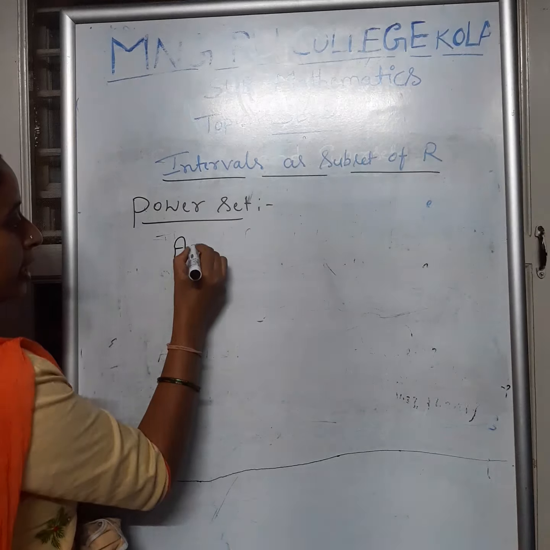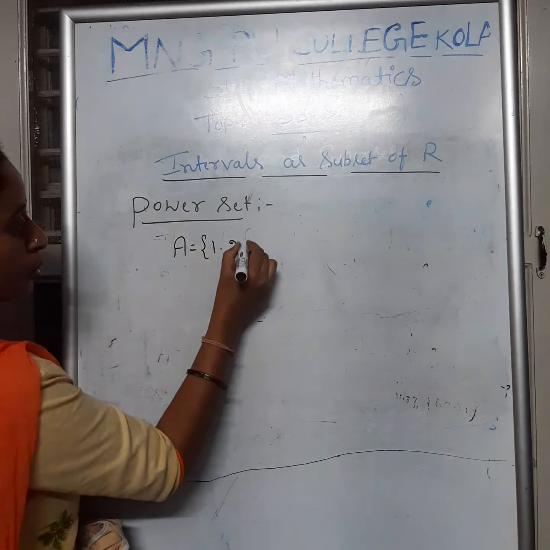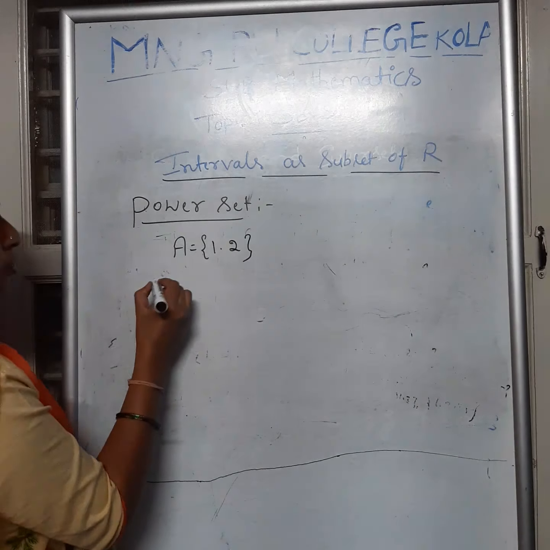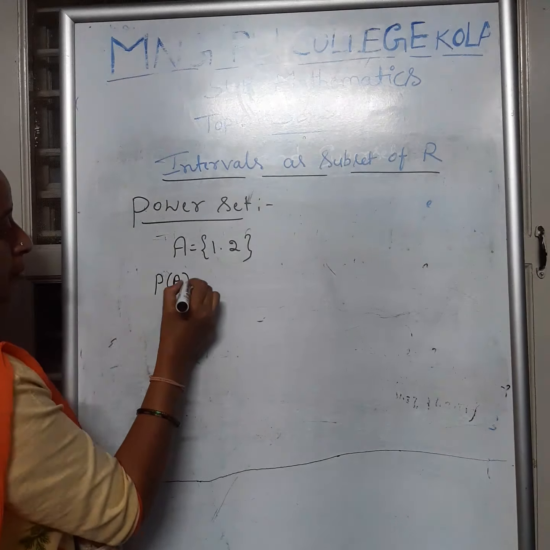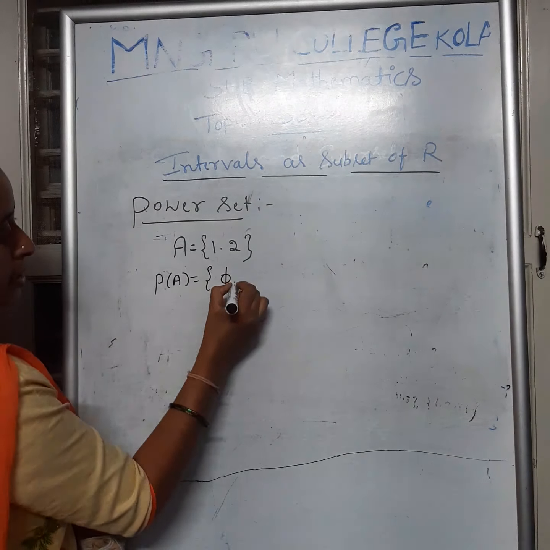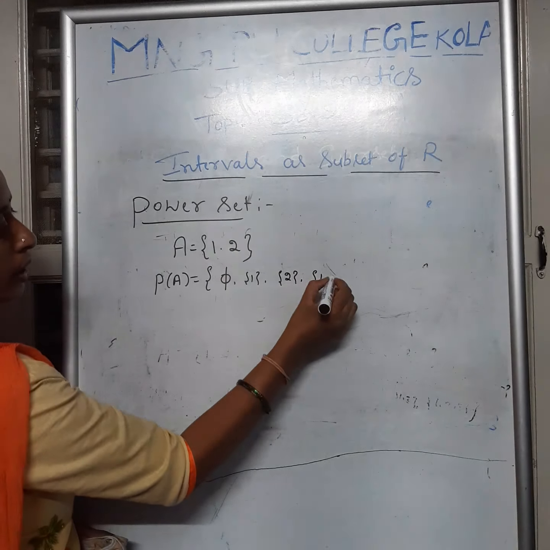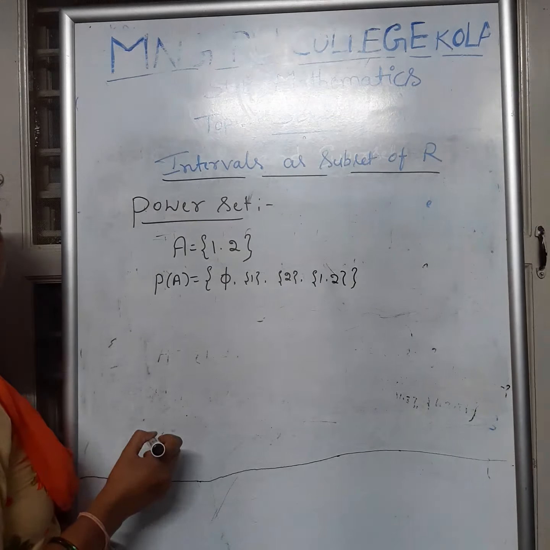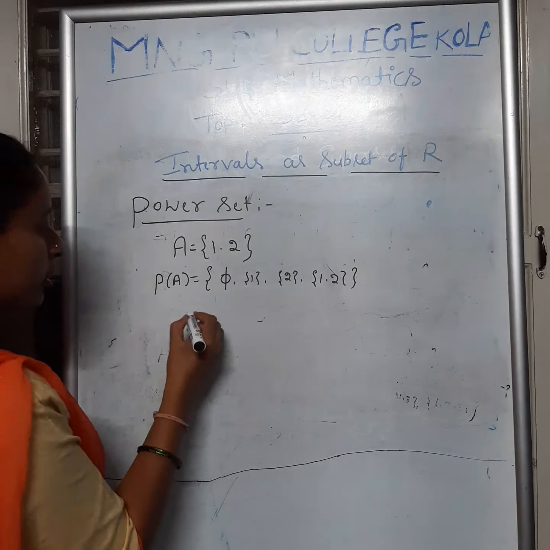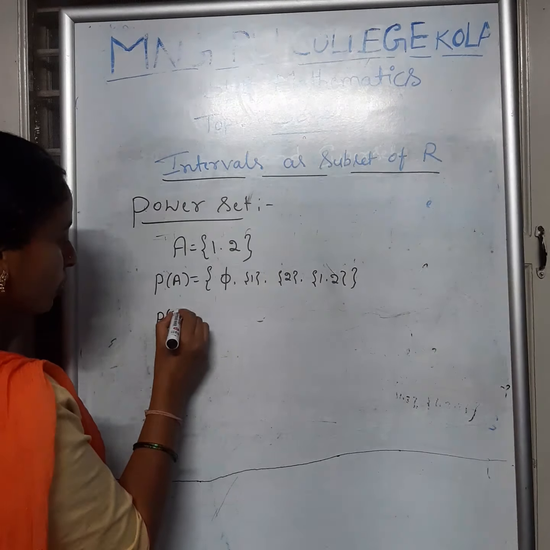Take one set A equal to 1, 2. By this we form the subsets: the null set, 1, 2, and 1 comma 2. So P of A equals these. How many are there?